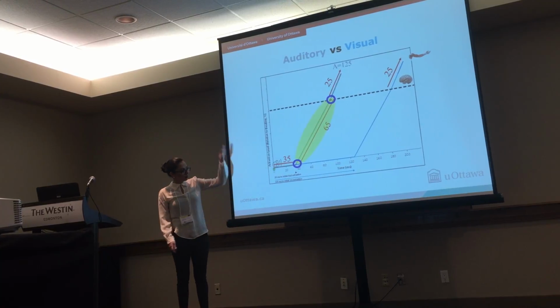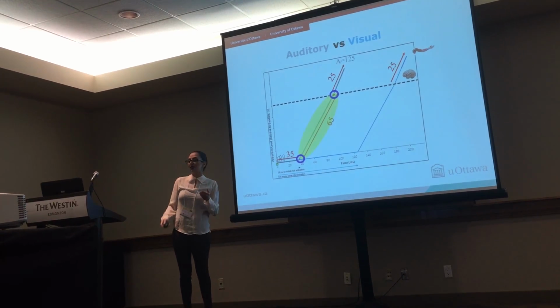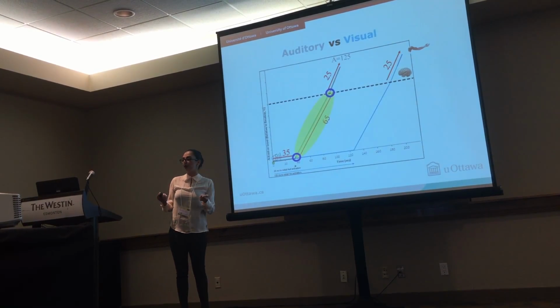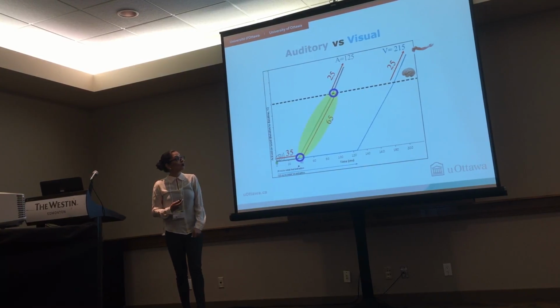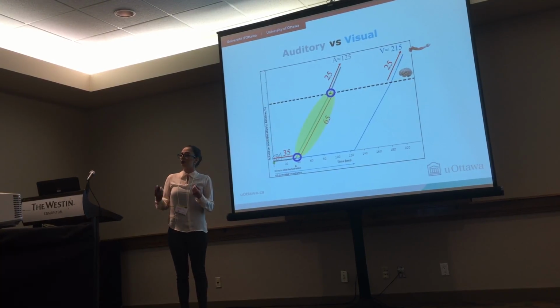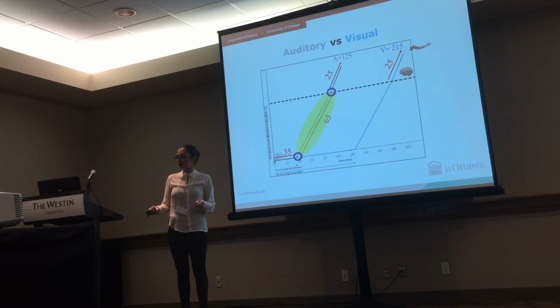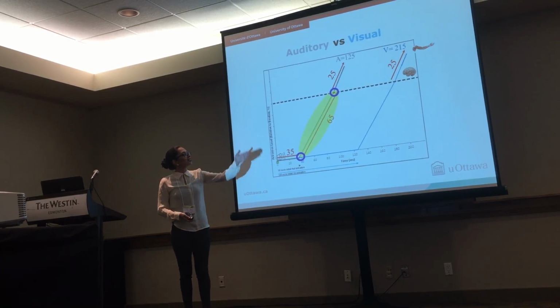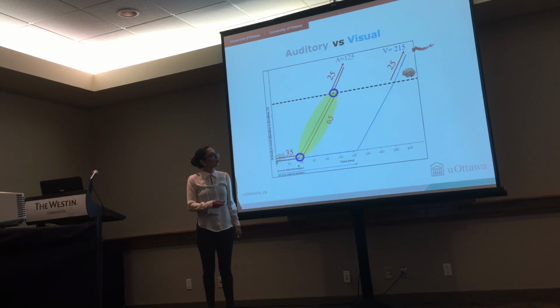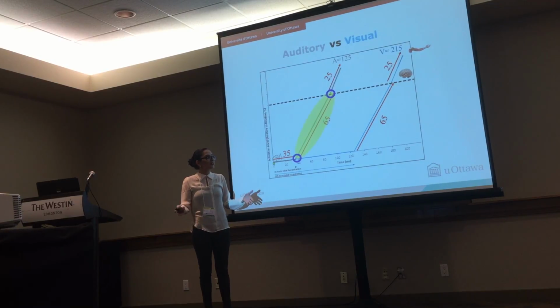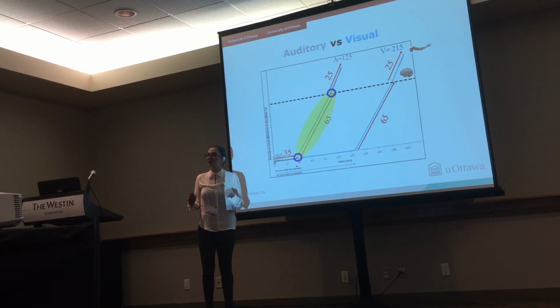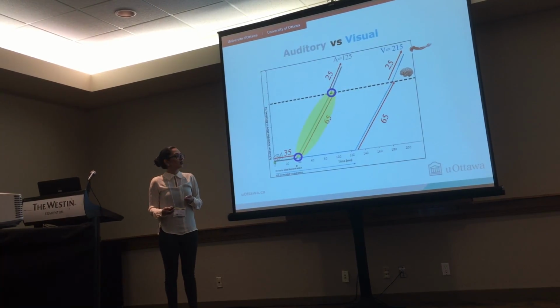If we look at the visual stimulus, we also know that it takes the signal 25 milliseconds to travel from your brain to your muscle, and that your average reaction time to a visual stimulus is about 215 milliseconds. If we use the same slope, we'd predict that the initiation process would take about 65 milliseconds.